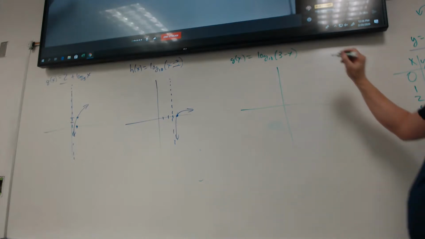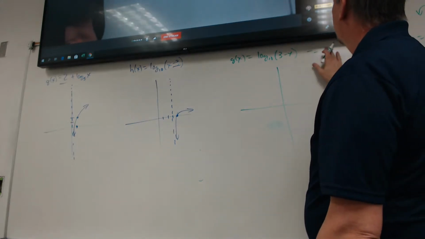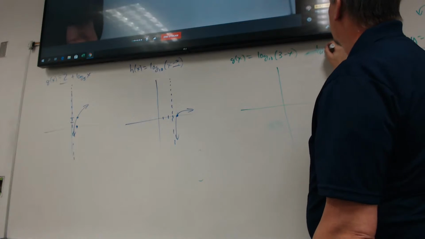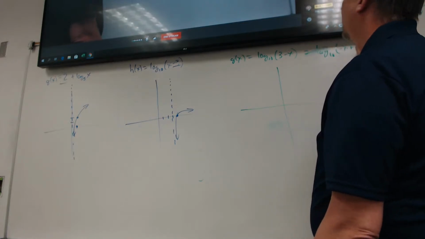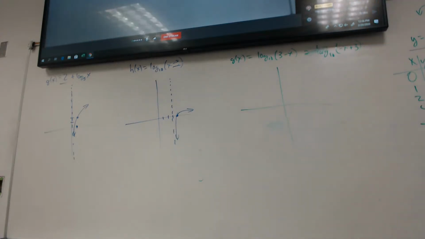Or would it be better to write this as log base 10 of negative x plus 3? Would that make any difference? Is that the same thing? Who says it's the same thing? Who says it's different? Why is it different?